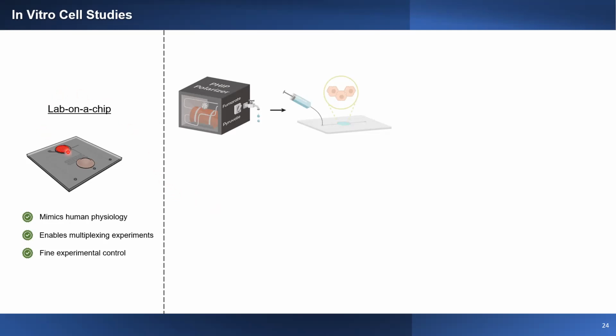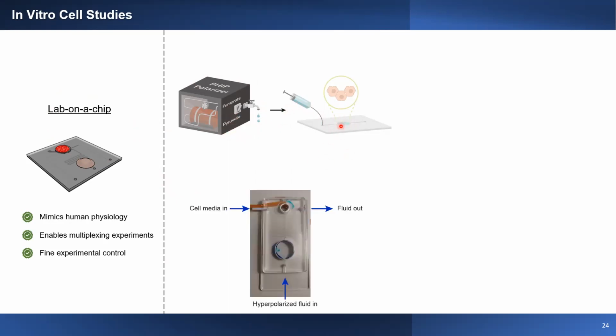So we have these lab-on-a-chip platforms, and what we're doing is polarizing fumarate and pyruvate with FIP, and the idea is to inject those into these devices. It's set up like this, where you can have a microcoil measuring a sample. You have cell media flowing through to keep your cells alive, and you can inject hyperpolarized fluid.